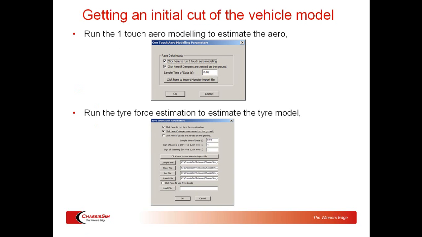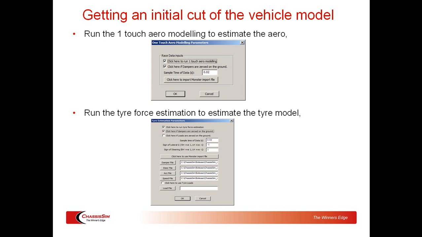The other things that you're going to have access to in ChassisSim Professional Online is we have tools that will allow you to get an initial cut of the vehicle model. You can run one-touch aero modeling to estimate what the aero of your car is going to look like. Also, you can run tire force estimation to estimate the tire model. Indeed, one of the tutorials on the ChassisSim YouTube channel is called Modeling in Minutes, where we show you how to use one-touch aero and tire force estimation to create a ballpark car model that you can start using in minutes.